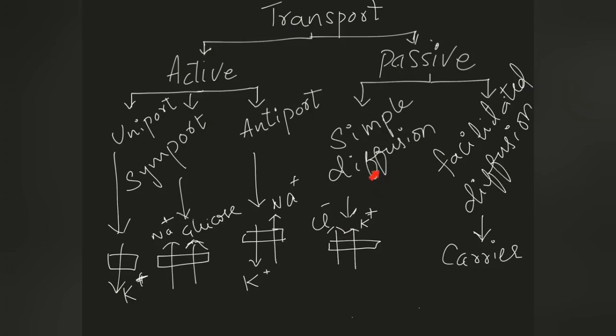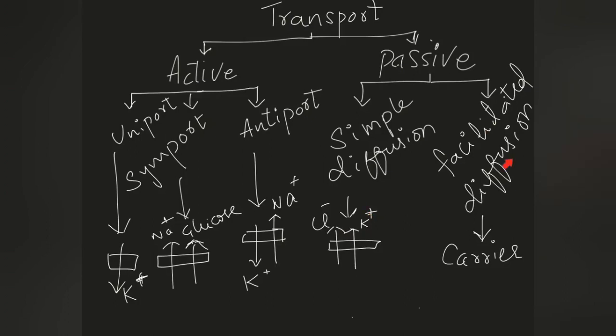Simply, the ions or the molecules easily pass through the membrane. For example, due to higher concentration inside the cell, ions like potassium, chlorides, etc., easily pass through the membrane from their higher concentration to their lower concentration.